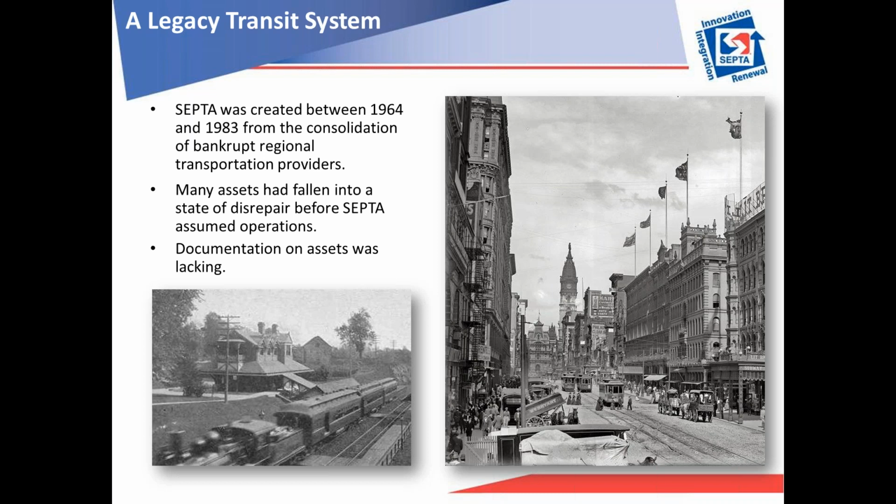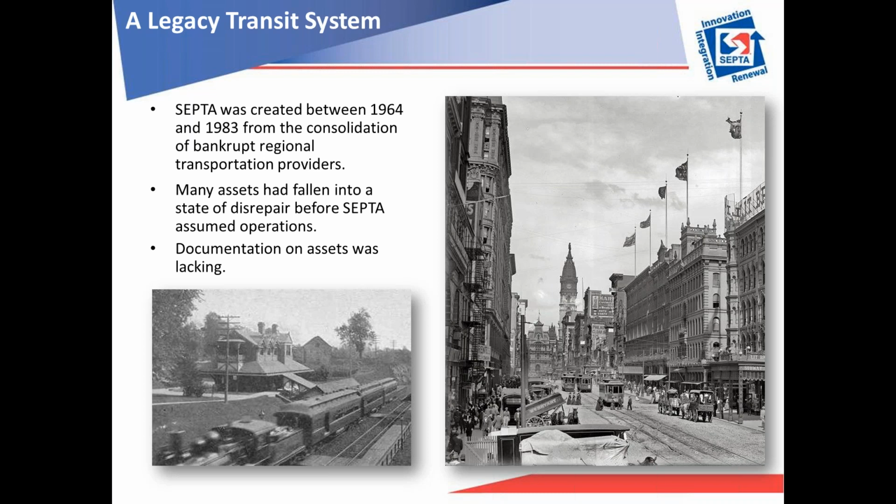And just to give you a little bit of background of what we're dealing with at SEPTA, we are a quote-unquote legacy transportation system. We were created between 1964 and 1983 by the state of Pennsylvania to consolidate a lot of what unfortunately had become bankrupt transportation providers in the state of Pennsylvania.